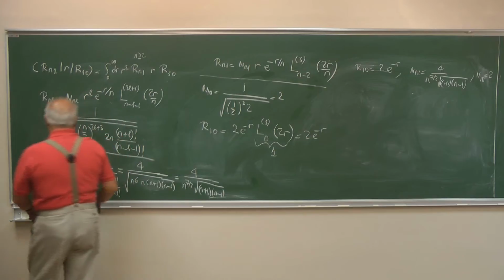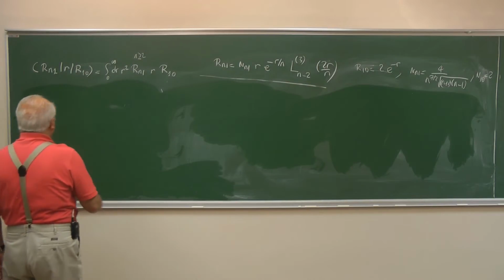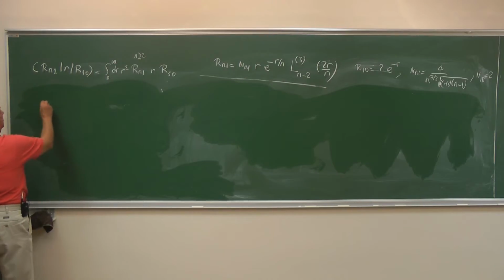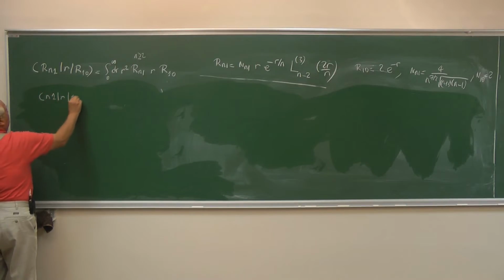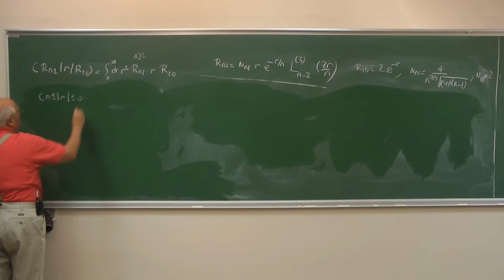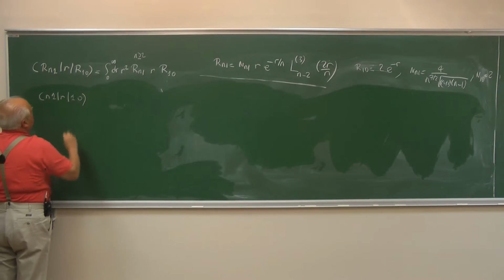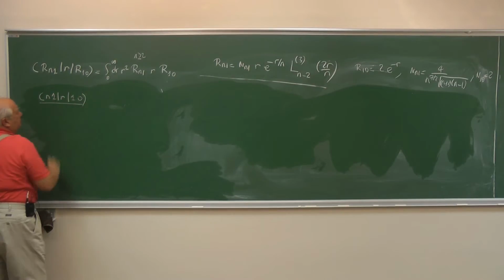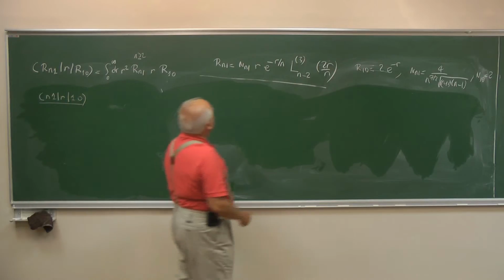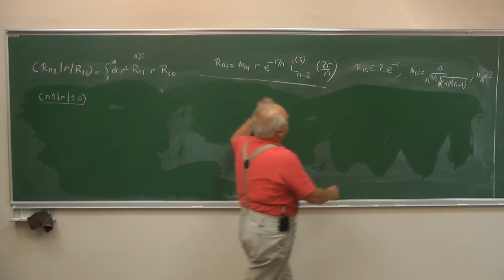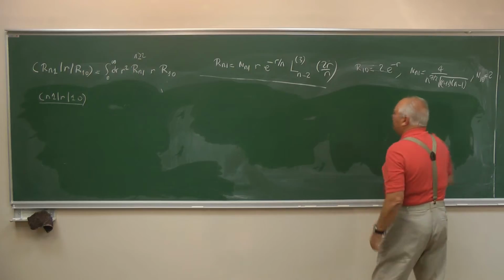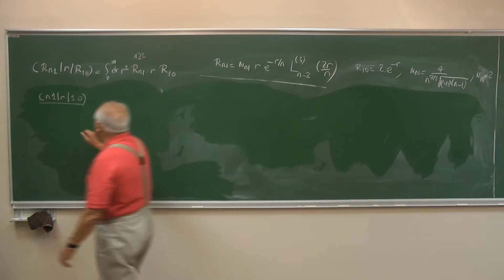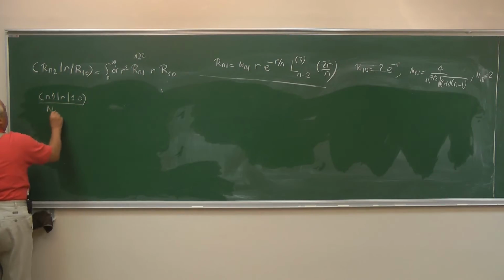We don't need these anymore. We erase the blackboard so that we have place to work. So let me write it like this: R n1, R10, where I divide out N n1 and N10 so as not to take up space, without writing them. We know what they are.